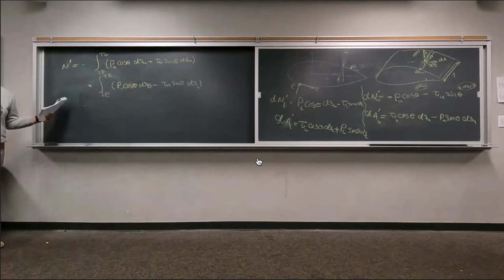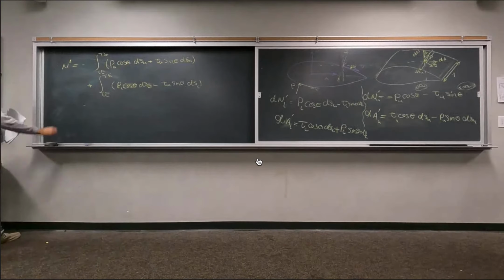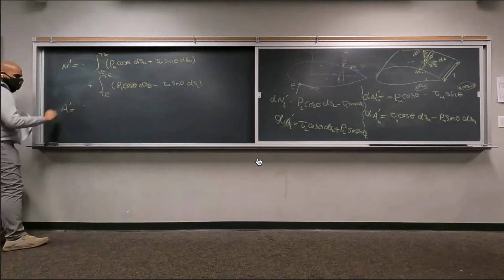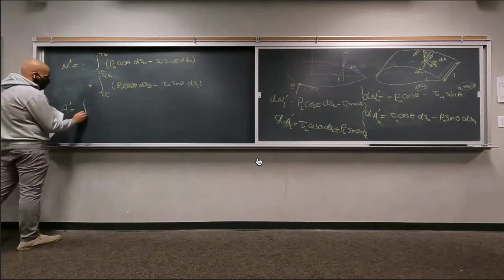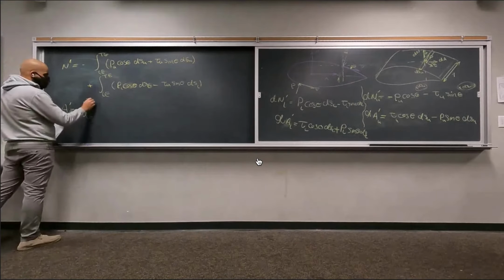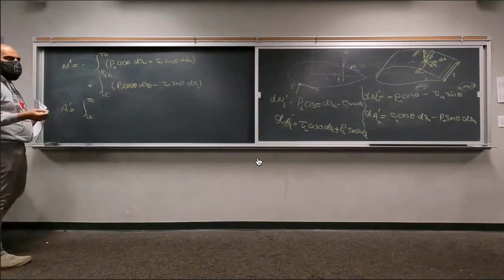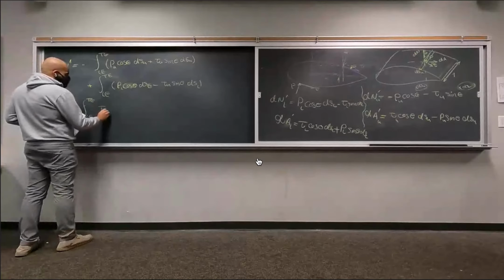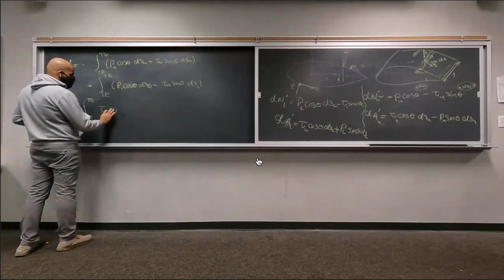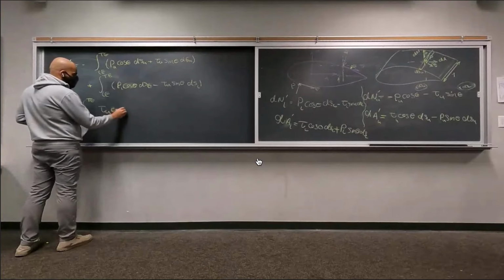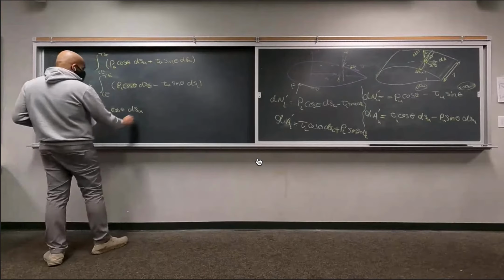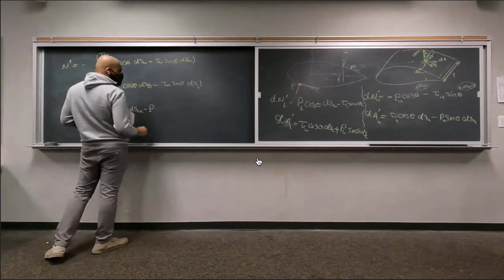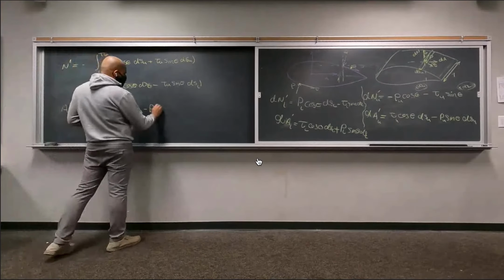Is it clear? Okay, so let's do the A prime now. For A prime, you are going to get the integral from LE to TE, upper surface integral, tau U cosine of theta dSU, and then we have the negative sign for pressure, right?